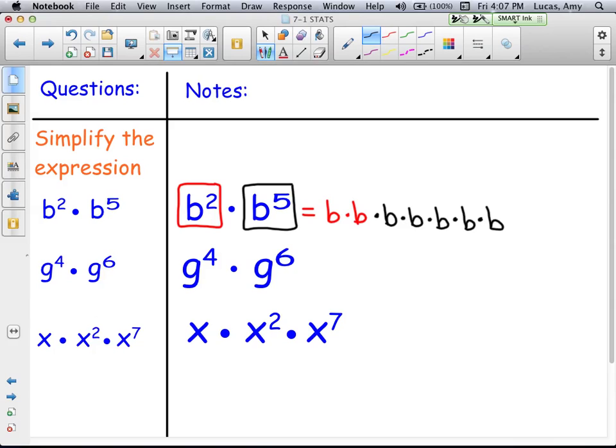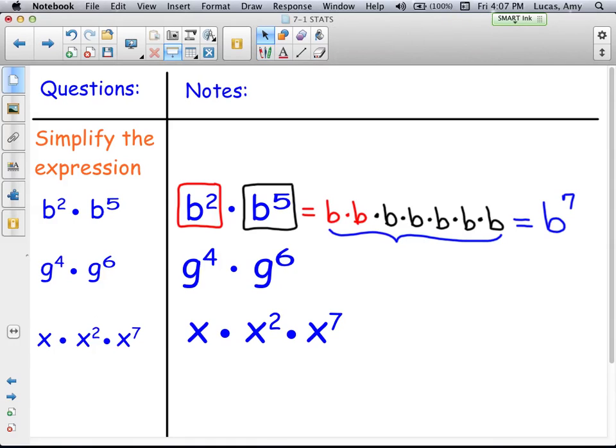So now, if you take a look at what we're working with, we've now got how many letter b's multiplied together? 7 of them. So, b to the second power times b to the fifth power, if we expand it out, you can see visually that that would equal b to the seventh power.